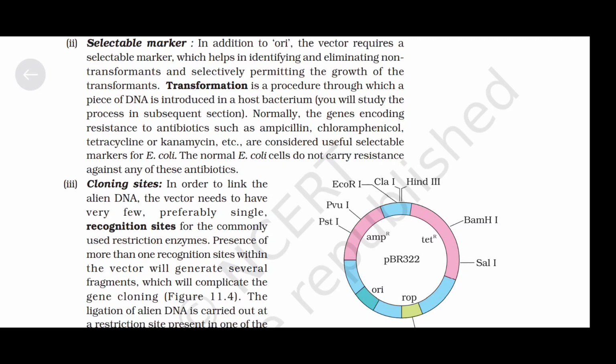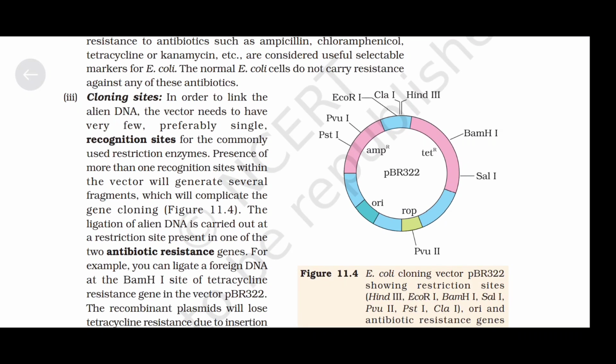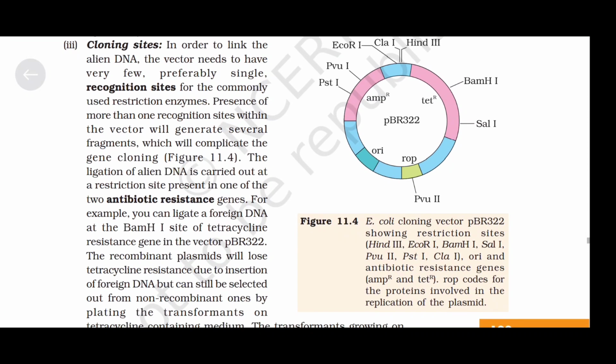Third, cloning sites. In order to link the alien DNA, the vector needs to have very few, preferably single recognition sites for the commonly used restriction enzymes. Presence of more than one recognition site within the vector will generate several fragments, which will complicate the gene cloning. The ligation of alien DNA is carried out at a restriction site present in one of the two antibiotic resistance genes.